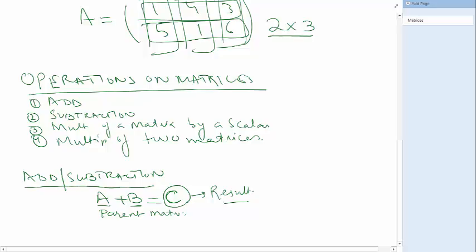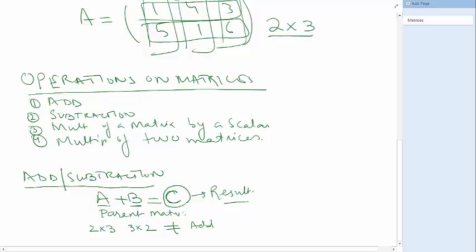I'm repeating it again. Please note it down. For addition or subtraction of two matrices to be true, the must condition is both parent matrices must have the same order. So in this equation, if matrix A has order 2 by 3 and matrix B has order 3 by 2, then you cannot execute addition of these two matrices.